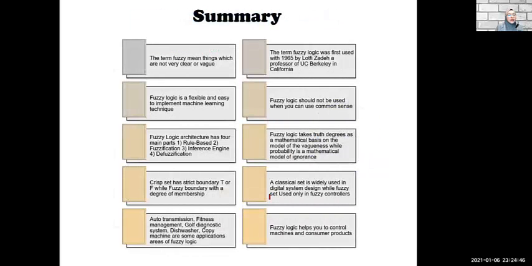So in summary, the term fuzzy means things which are not very clear or vague. The term fuzzy logic was first used in 1965 by Lotfi Zadeh, a professor at UC Berkeley in California. Fuzzy logic is a flexible, easy to implement machine learning technique. Fuzzy logic should not be used when you can use common sense. Fuzzy logic architecture has 4 main parts: rule-based, fuzzification, inference engine, and defuzzification.